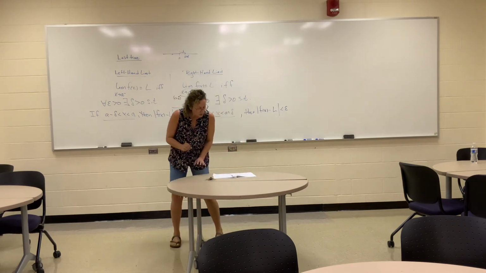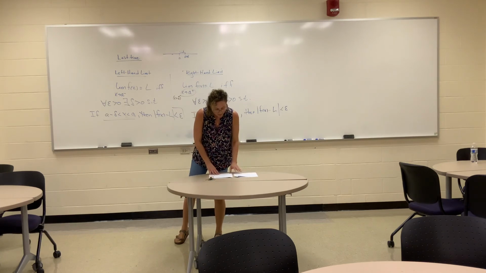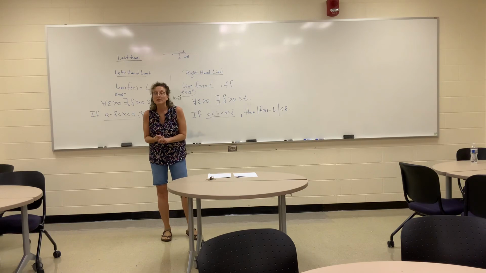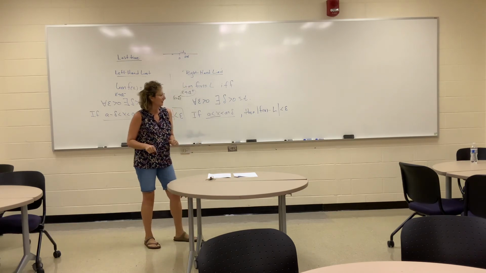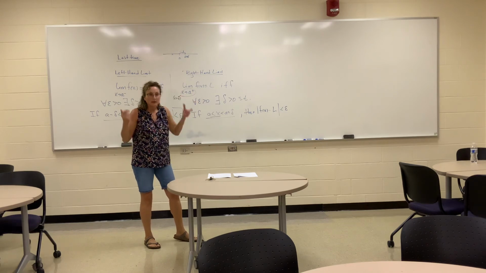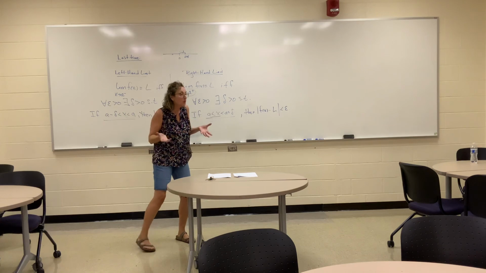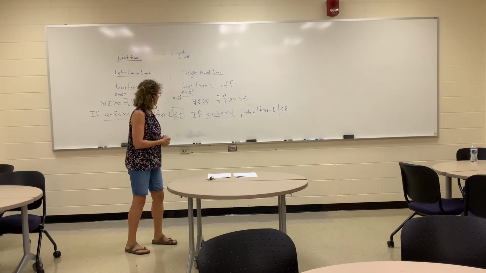So we're going to move to, in section 2.3, developing limit laws that will allow us to more easily evaluate limits with having developed the truth about what we can do and can't do, okay?